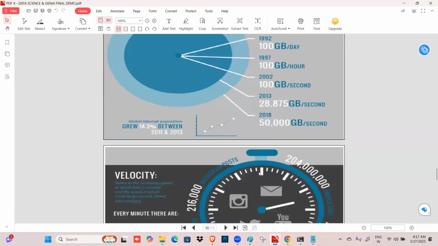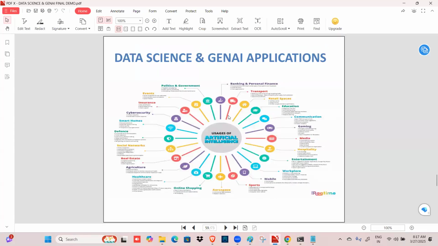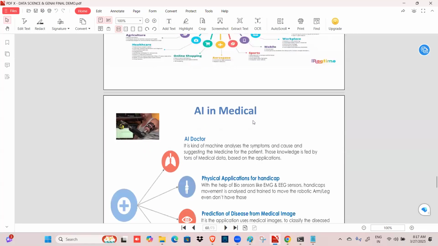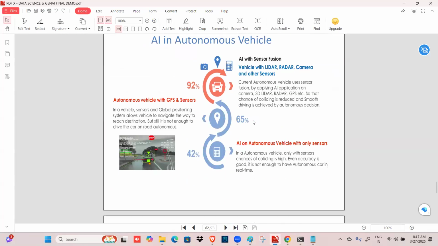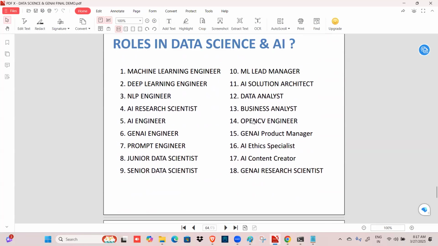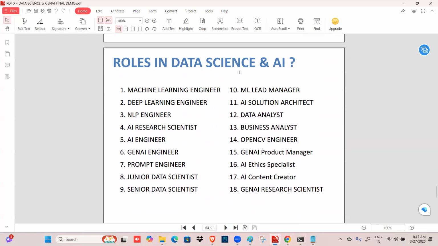Okay. And the next one, we'll go to the applications: data science and Gen AI applications. Everywhere now we are using them, not only in one sector, but in medical, in voice assistants. I will come to these concepts in later sections. Then roles in data science and AI.